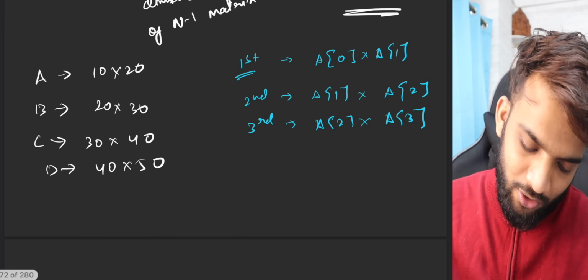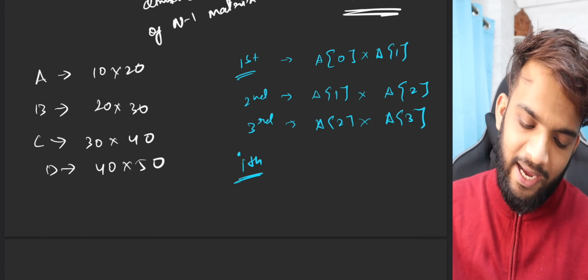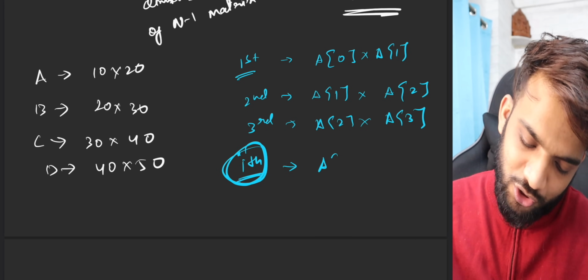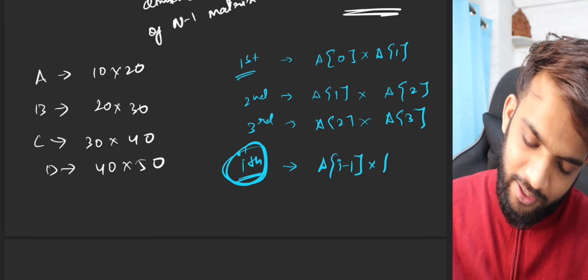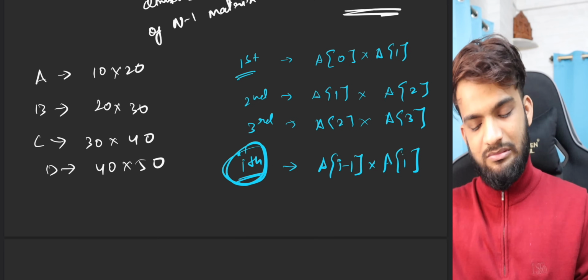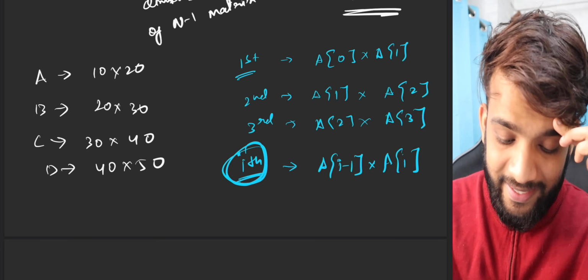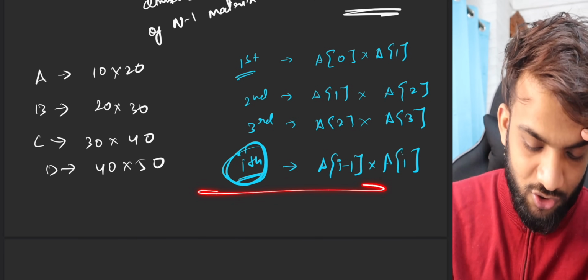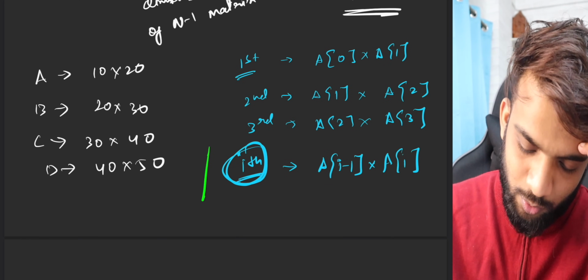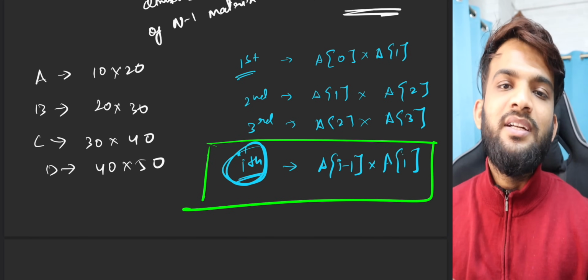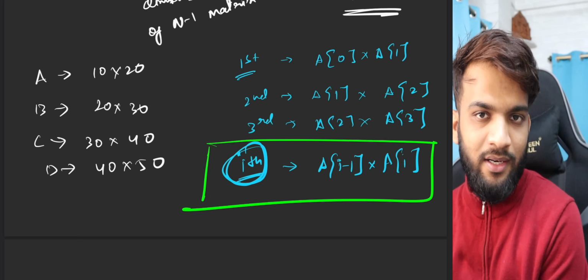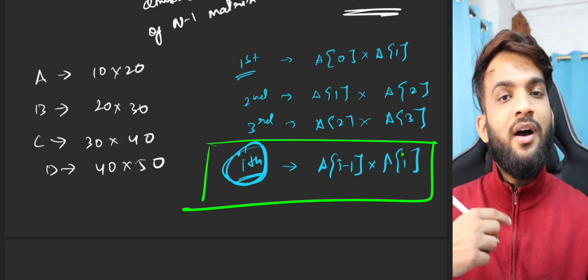Thereby can I write for any given input, the ith matrix will have a dimension A of I minus 1 into A of I. Makes sense. So I have figured out that the dimensions are given in this way. For any ith matrix, the dimension is A of I minus 1 into A of I.